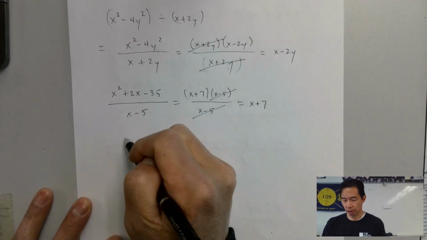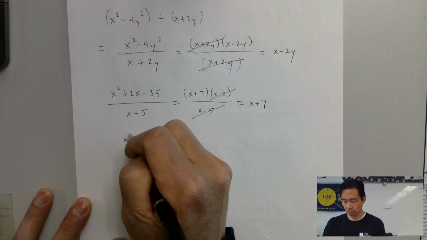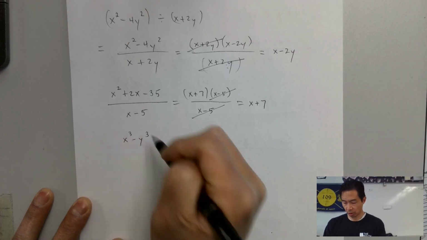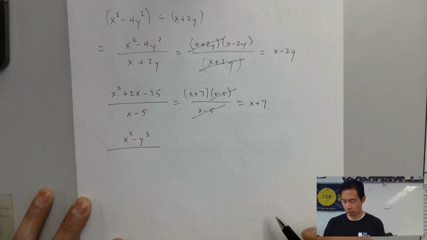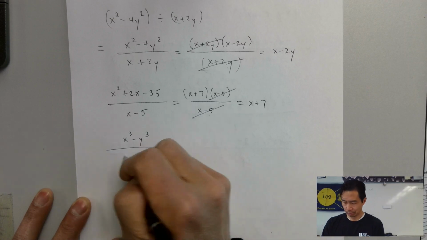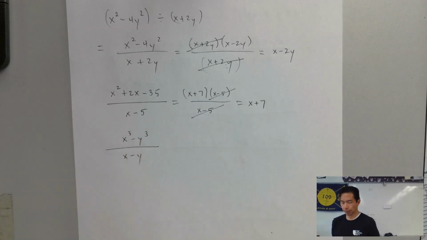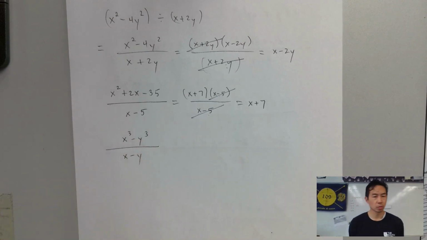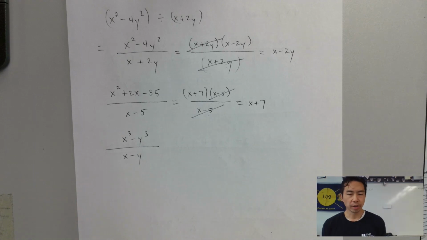Okay, let's try a binomial this time. Okay, x cubed minus y cubed divided by x minus y.